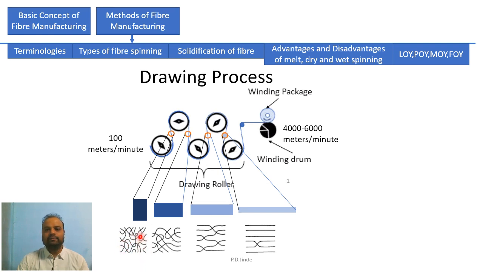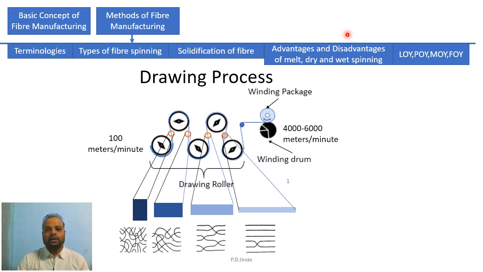As further stretching happens, these polymeric chains are aligned to the axis of the fiber. You can see that from this to this, stretching takes place, and the polymeric structure is converted into this polymeric structure, so the chains try to align themselves to the axis of the fiber.